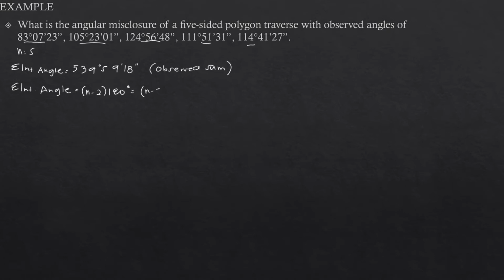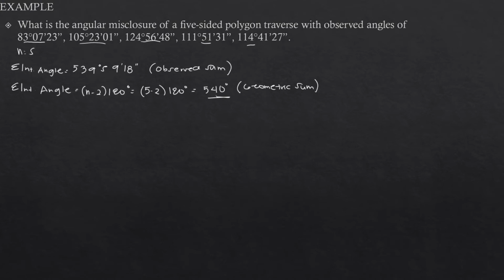So, 5 minus 2 is equal to 3, times 180 degree. So, ilan to? Meron tayong 540 degree. Ito yung geometric sum. Okay. So, ibig sabihin, hindi siya yung sum nito, hindi 540. So, ibig sabihin may error. Kaya hindi nag-close yung close traverse natin.